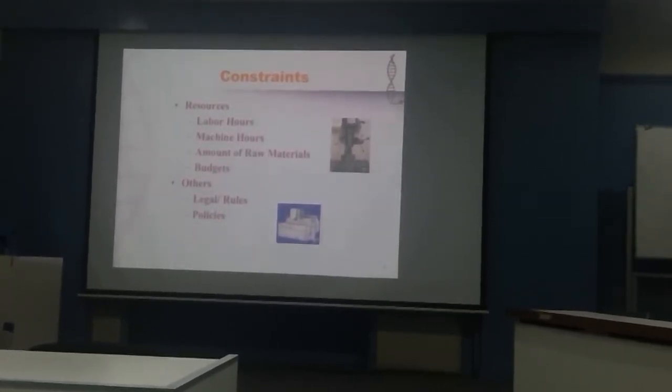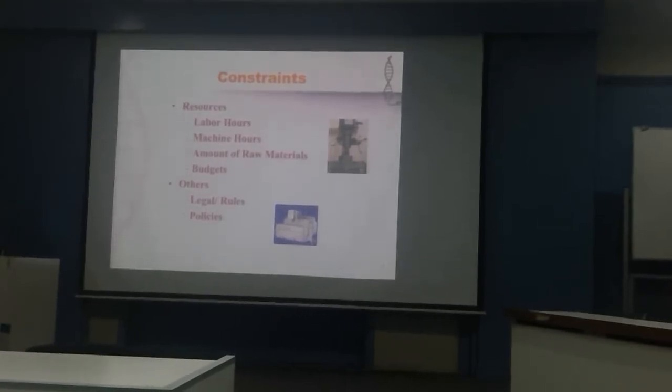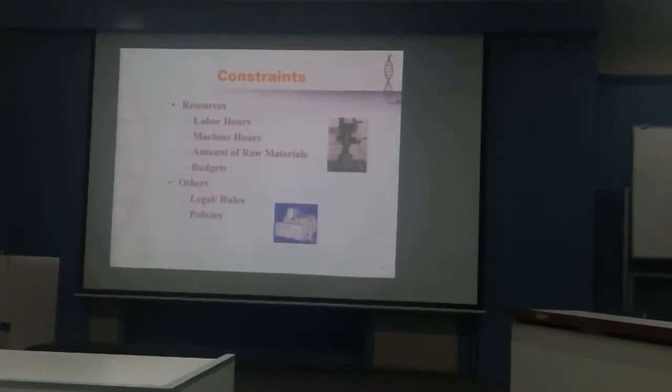Let's say your company has a policy that we prefer to have no overtime, so we don't have any overtime. This is the policy. Or we have a policy that we will not hire part-time workers, something like that. So this is the constraint or limitation.